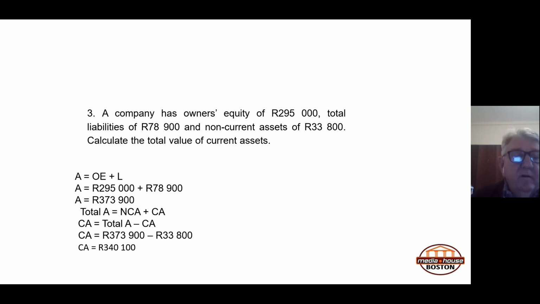It should be non-current assets on this side. Okay. So we're going to take our 373,900, which is from here, minus our 33,800. That comes from there. And that will leave us with current assets of 340,100.